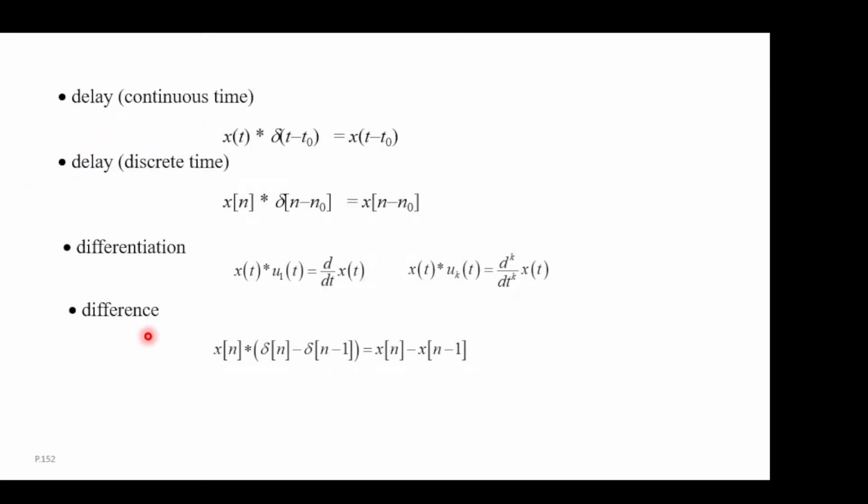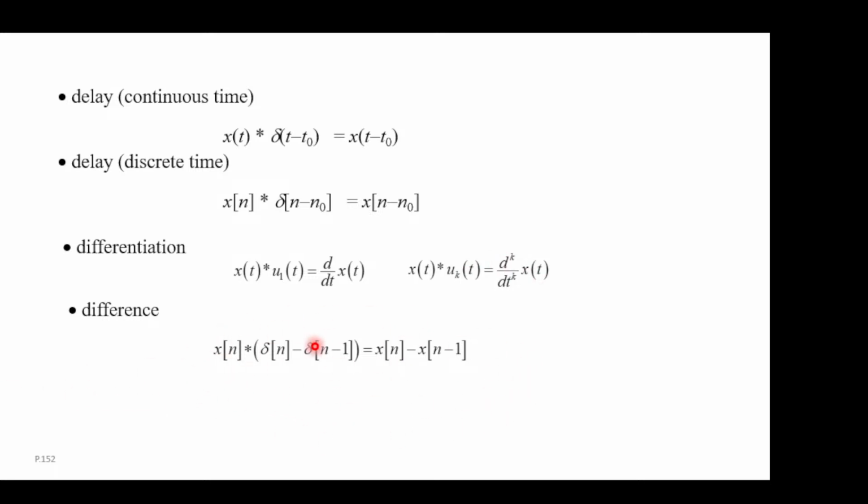And here are some functions. If there is a time delay, so if you convolve x with delta of t minus t_0, you will time delay your signal. And then there's differentiation we just talked about. So those singularity functions u_1 give you dx/dt, and u_k give you d^k x/dt^k. And there are similar things for discrete time, so the difference function.